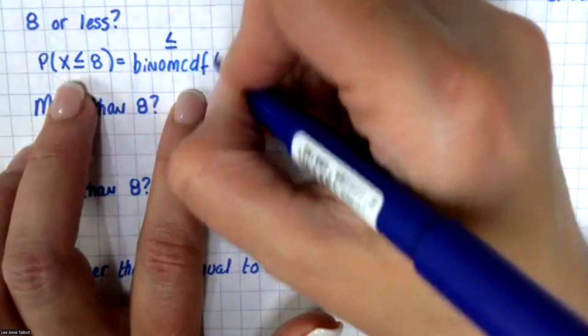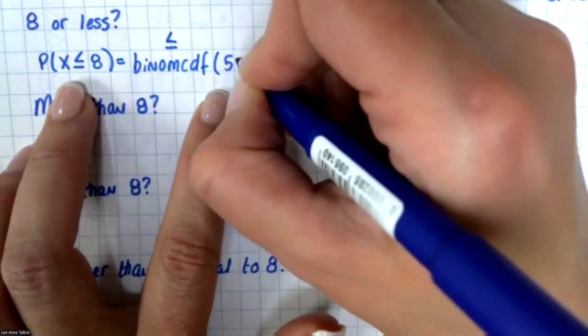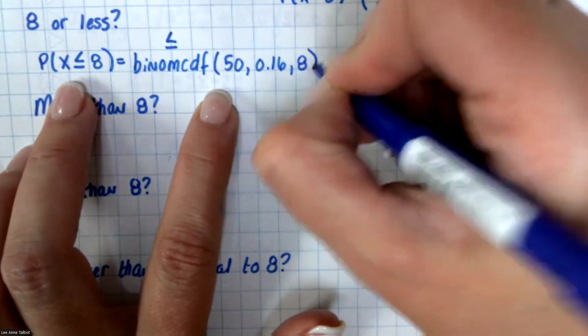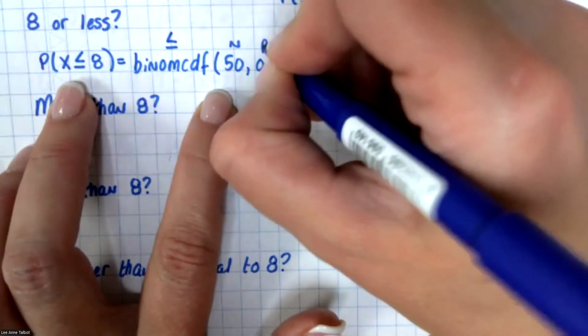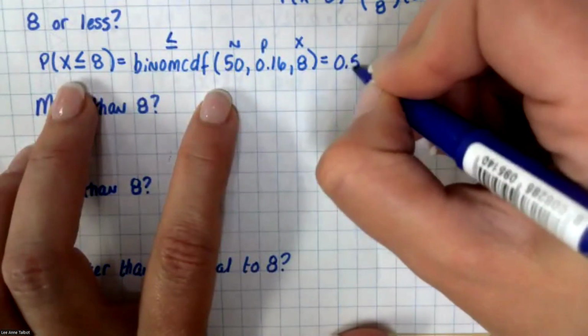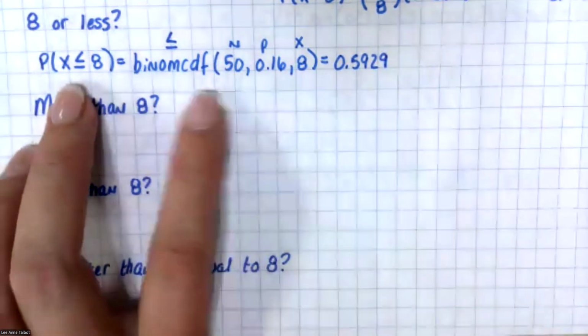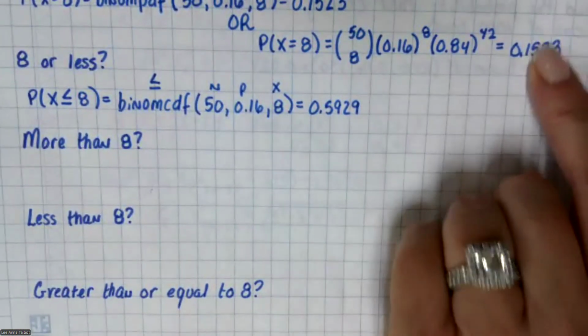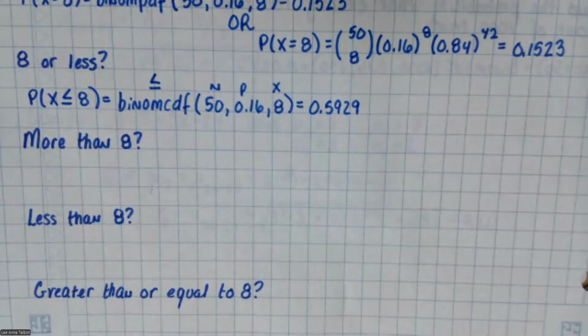Okay. So the keys are the same: 50, 0.168. Why is this one so much bigger than this one?